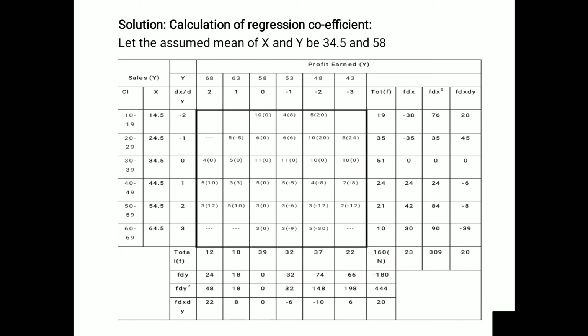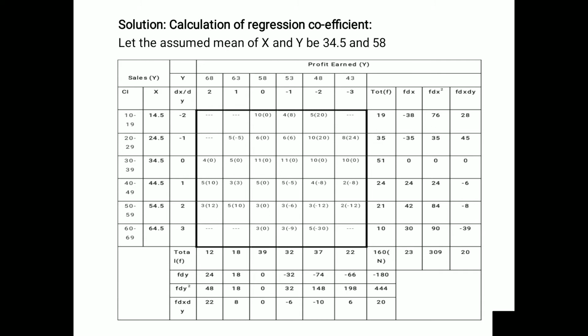To calculate dx and dy values, let us assume 34.5 as the assumed mean for X variable and 58 as the assumed mean for Y variable. So when we continue the calculation, we have to calculate the value of dx and dy based on the assumed means.